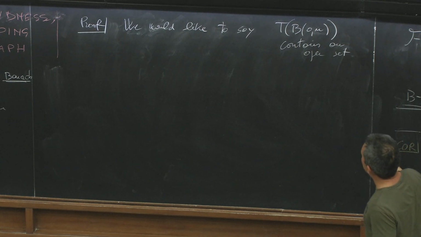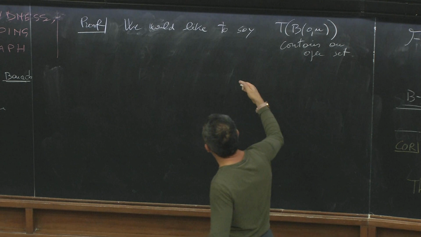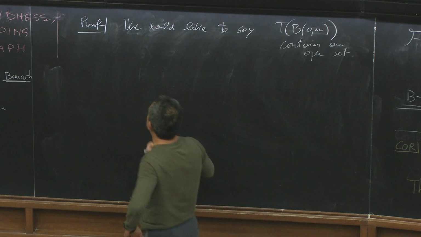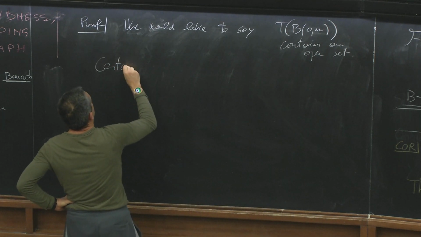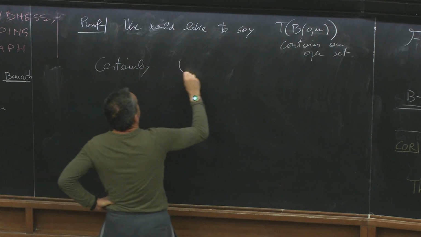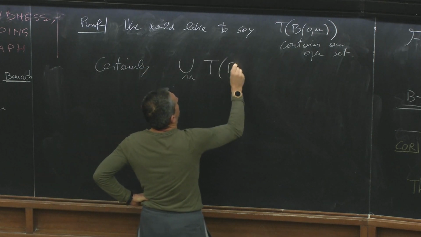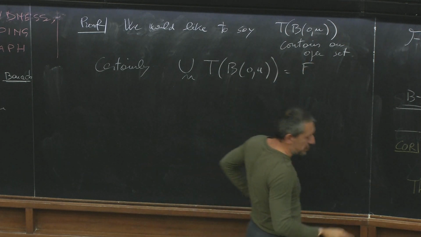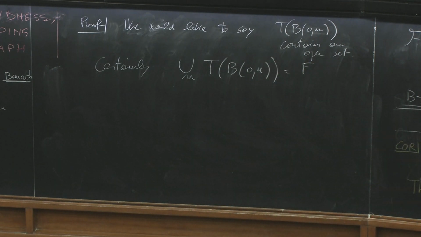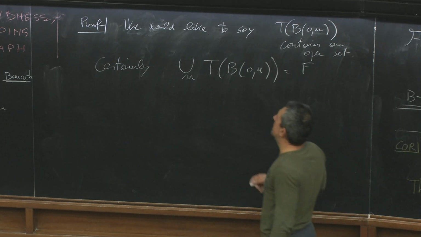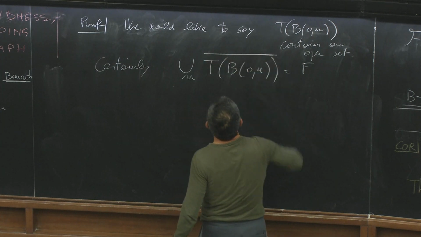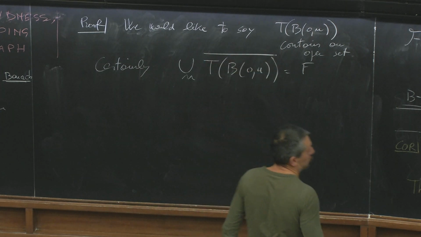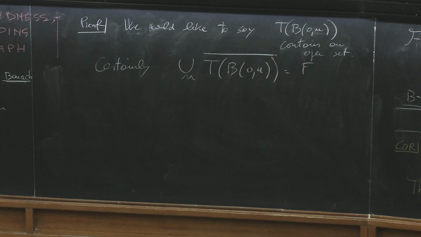But what breaks the computation here is that certainly the union over n of these balls is equal to F because T is surjective, but they are not closed. So I cannot apply Baire directly to this ball, but I can apply it to the closure, and then I'm fine with Baire.